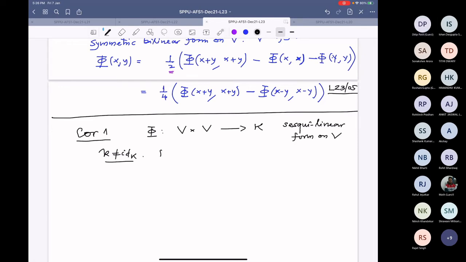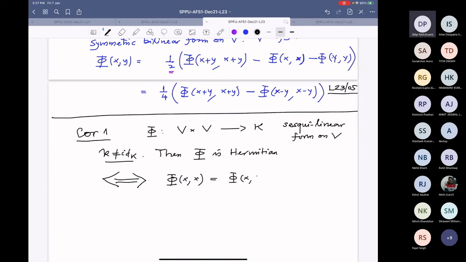Then phi is Hermitian if and only if phi(x, x) is equal to phi(x, x) bar for all x. And similarly, skew Hermitian.